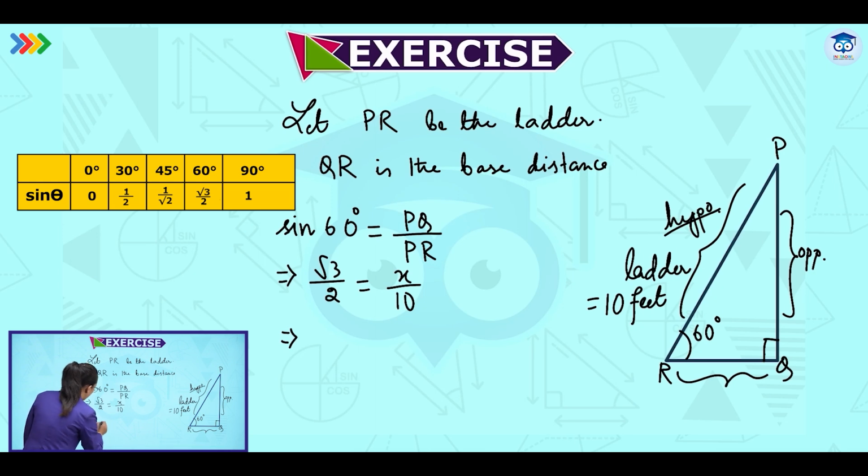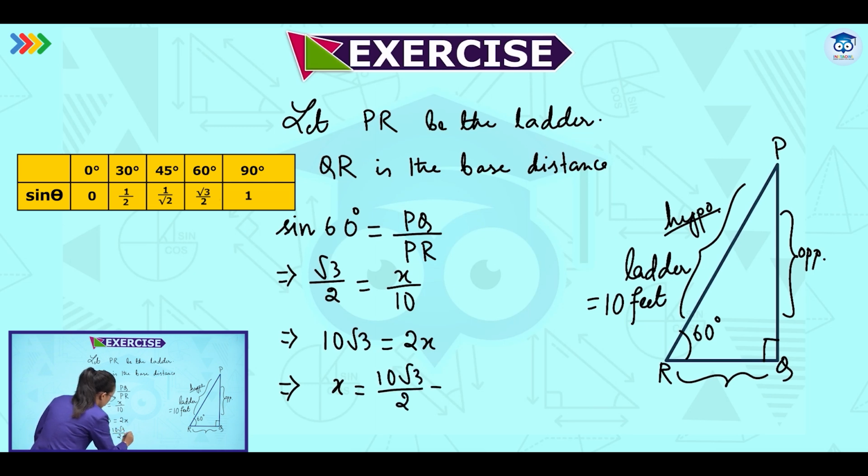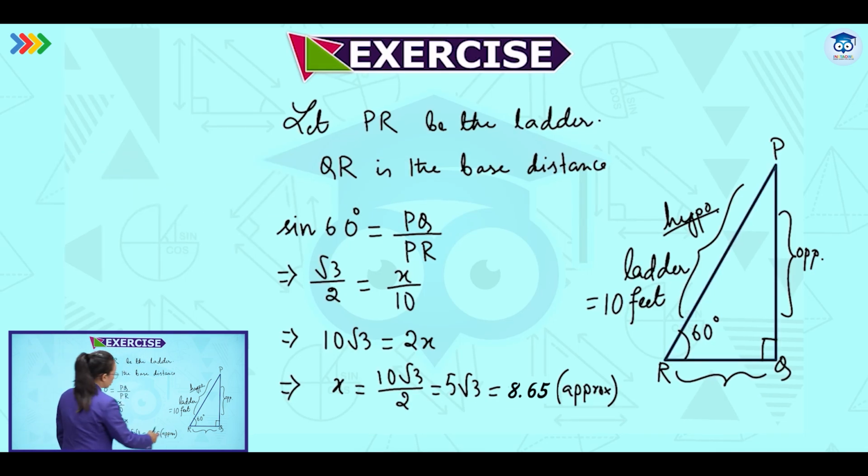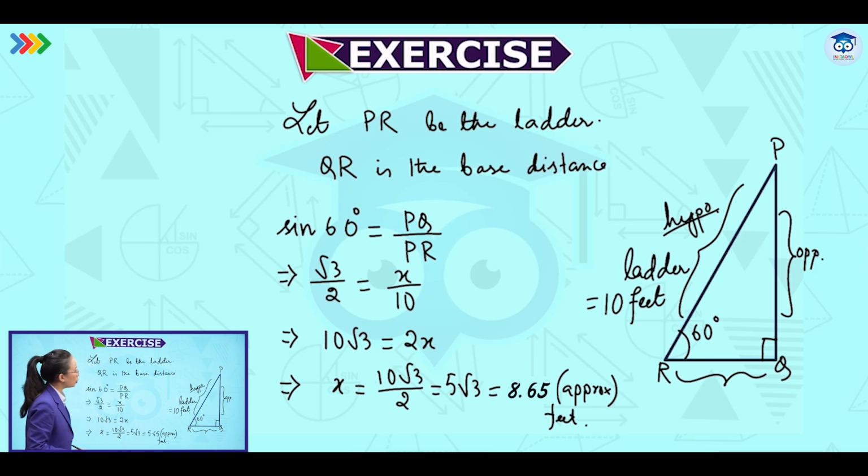So now to calculate the value x, we are going to do the cross multiplication, and then we'll calculate it by dividing 10 root 3 upon 2, right? So 5 root 3, 8.65. This is the approximate value because we have the root 3, right? So the value of this, means how high up the wall, the second part we have now here is 8.65.